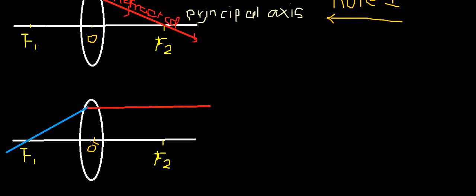So you can see that this is exactly opposite to this. Earlier we had the incident ray parallel, now we have the refracted ray parallel. So this is my incident ray.